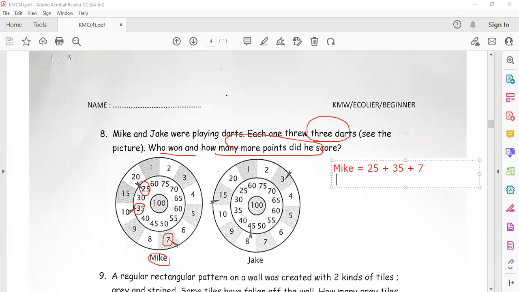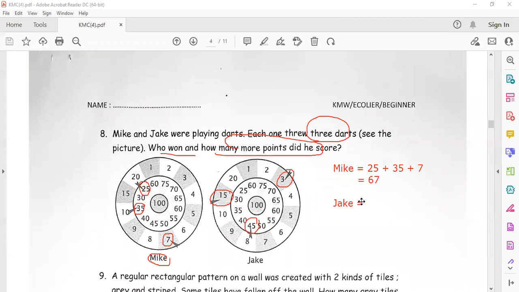So you write down Mike and you put 25 plus 35 plus 7. 25 plus 35 is 60. 60 plus 7 is 67, right? Then we go on to calculate Jake. Look at Jake's darts. He has got 15, 3, and 45.